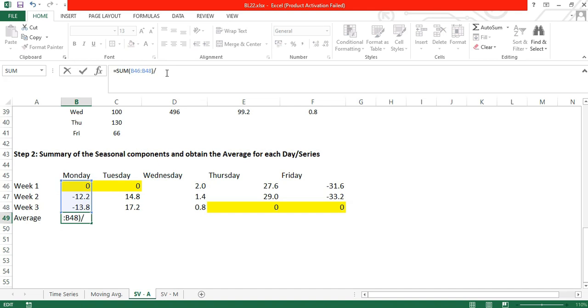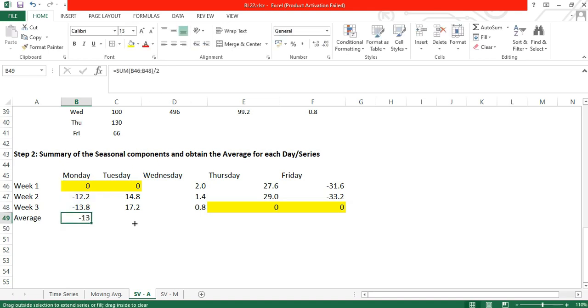Now even though there are 3 weeks, week 1 doesn't have a value. So we have to only divide by the number of items that have a value. So there are only 2 items that have values. So we will divide it by 2.